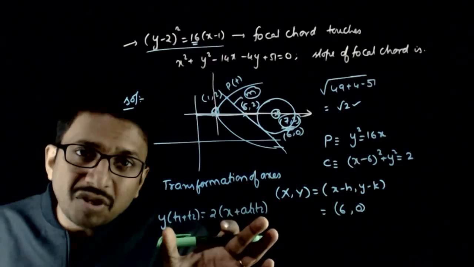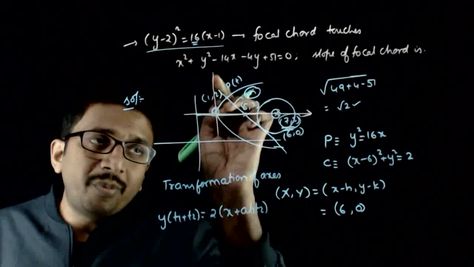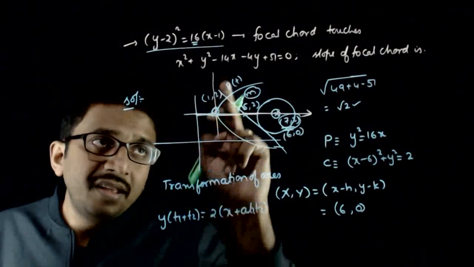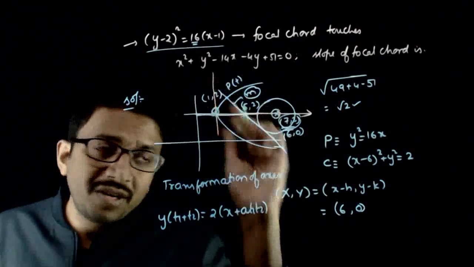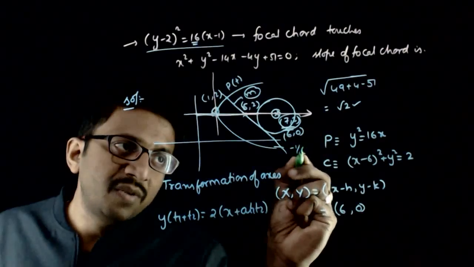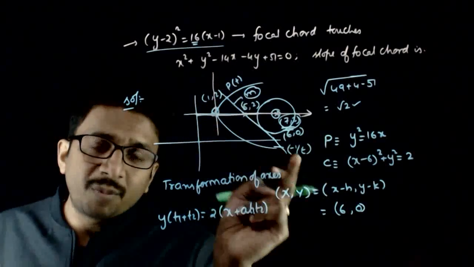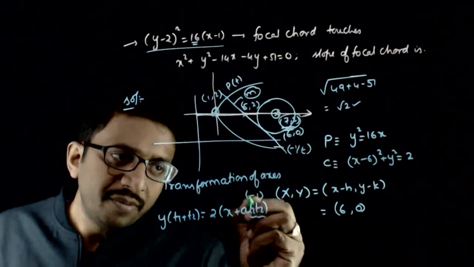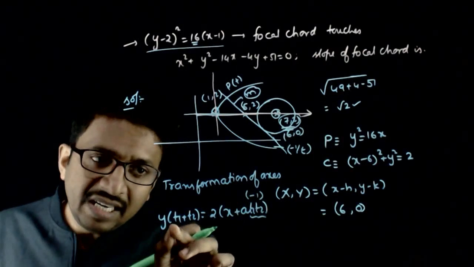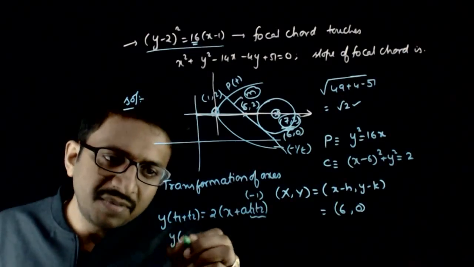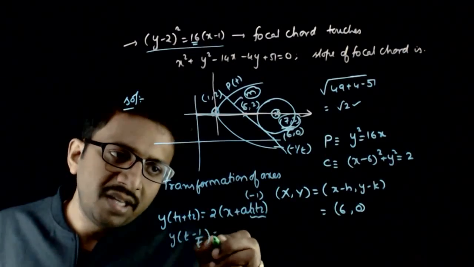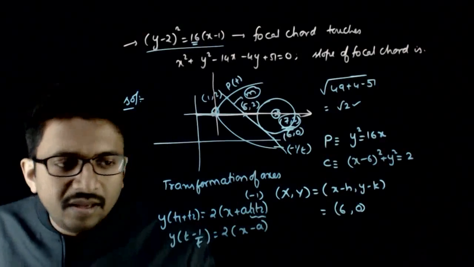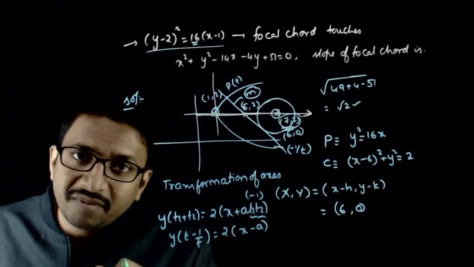Because this is a focal chord, if the first point is t, the second point has to be −1/t, because for a focal chord the product of the parameters has to be −1. So y(t − 1/t) = 2(x − a). This is the equation of the focal chord.